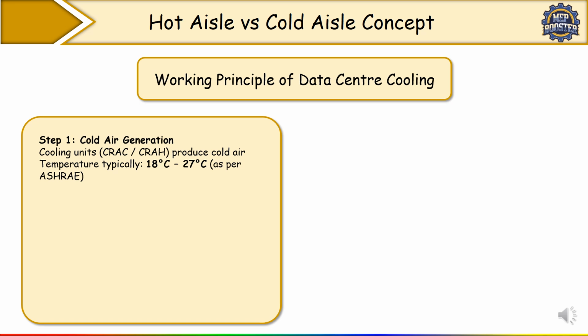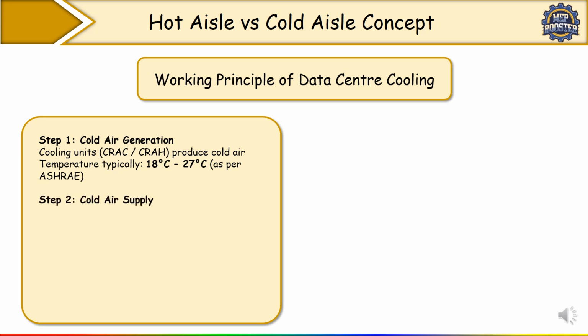The cooling unit, like a CRAC (computer room air conditioner) or CRAH (computer room air handler), produces cold air. The typical temperature range is 18 to 27 degrees Celsius as per ASHRAE guidelines. These systems remove heat from returning hot air and cool it again.